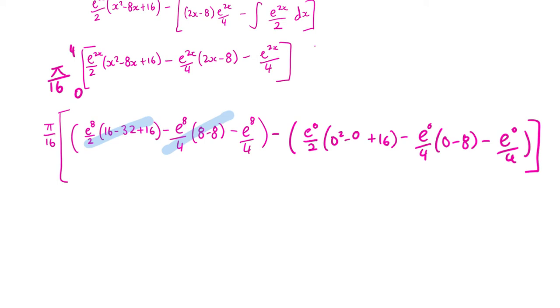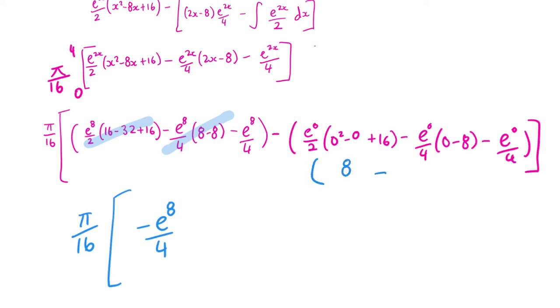Okay. So then, I'm going to have pi over 16, lots of minus e to the power of 8 over 4. Okay, now let's sort out this side. I'm going to get 16. What's e to the 0? 1. I'm going to get 16 divided by 2 is 8. So I get 8 here.